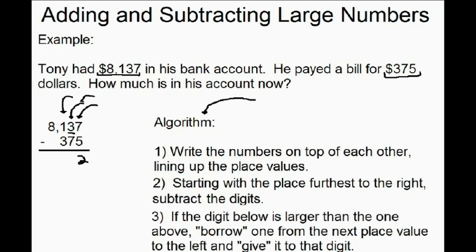So once again, if the digit below is larger than the one above, which is the case here, the digit below is 7 and the digit above is 3, we have to borrow 1 from the next place to the left. The next place to the left is our hundreds place. We're going to borrow 1 from that. If I take 1 from 1, we get 0 there.